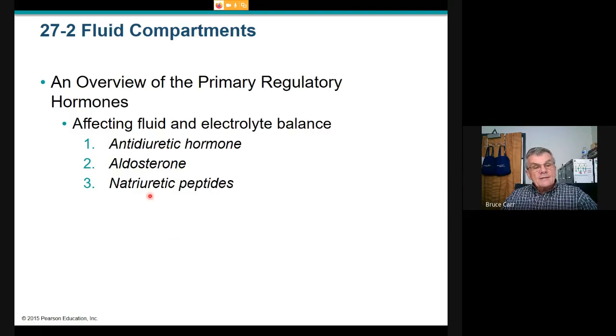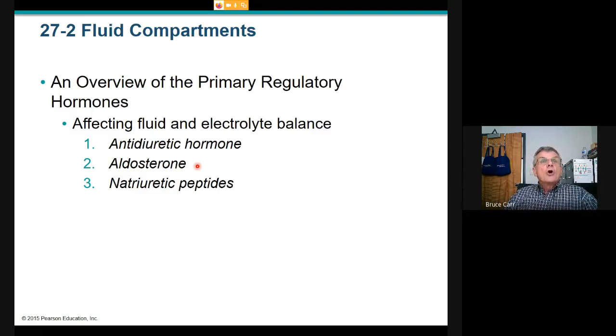We've talked about ADH produced in the hypothalamus, stored in the posterior pituitary, and released whenever we want to retain water. So the effect of ADH that we've seen so far is to regulate the concentration of urine. It has an effect of concentrating urine. It's associated with aldosterone, which has the same effect, concentrating the urine, minimizing water release.